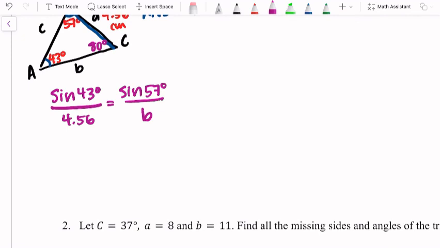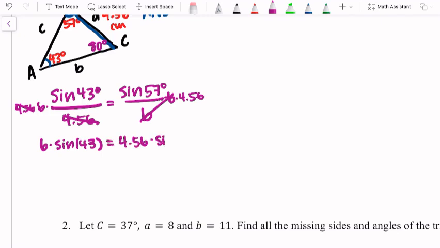Now we're going to solve this. Well, I know I can just multiply both sides by the denominators. So I'm going to multiply both sides by B, and then I'll multiply both sides by 4.56. Okay, so that'll undo my B's and that'll undo my 4.56's, so then I'll have B times sine of 43 equal to 4.56 times sine of 57.